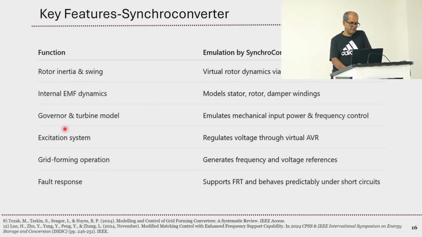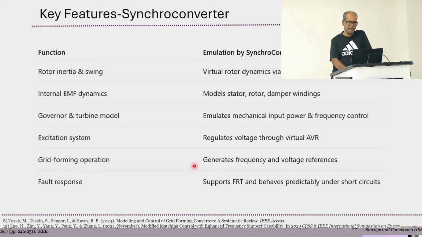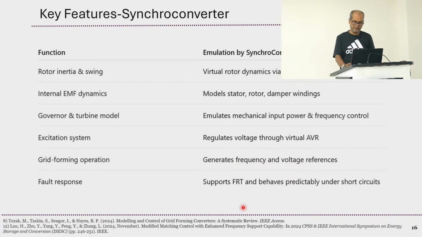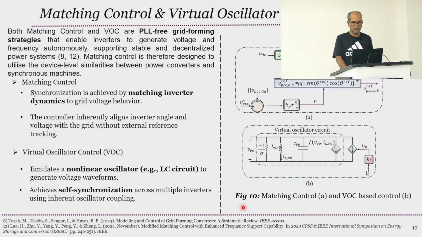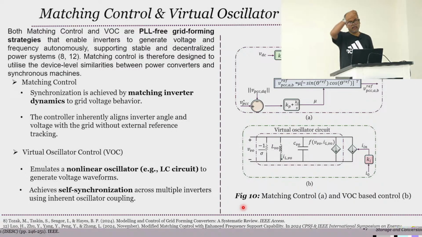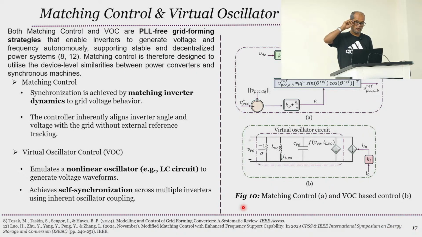On top of the synchronous machine, sometimes it also includes FRT, for providing low voltage ride-through support for the converter. Now the other one, as I mentioned, is matching control. Both matching control and voltage oscillator control are PLL-free for the grid forming inverter, which enables the inverter to generate voltage and frequency autonomously to help establish the grid.